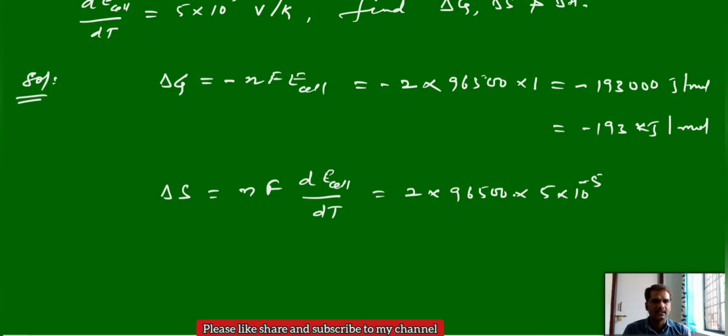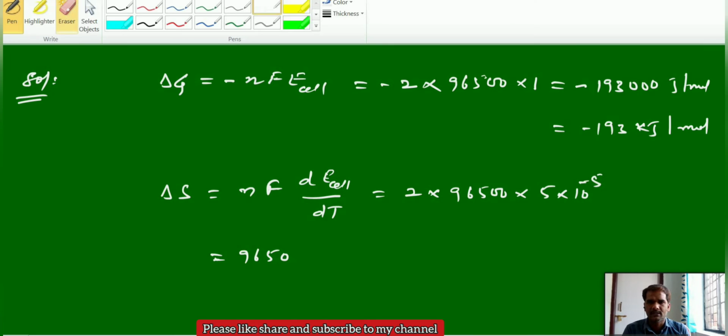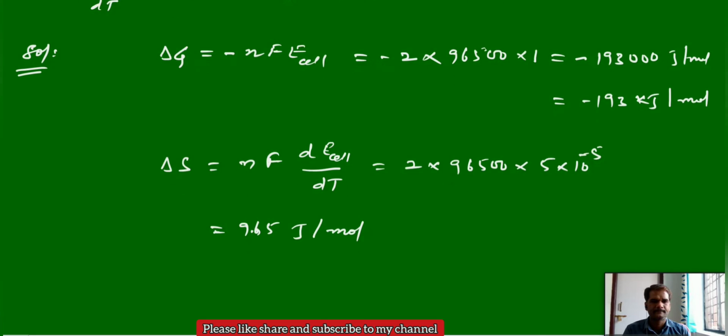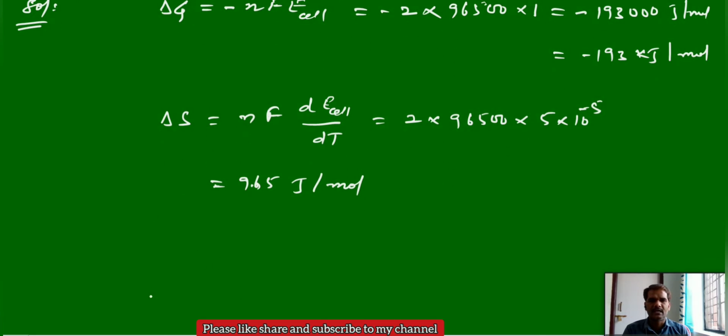So this gives the delta S value directly, 9.65 joule per mole per Kelvin. This is the delta S value.